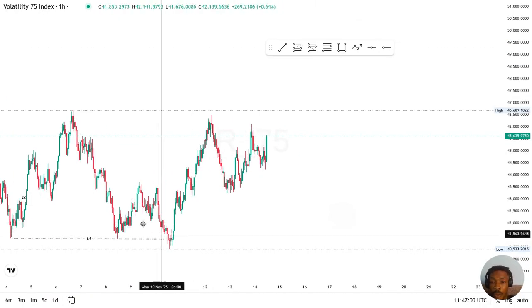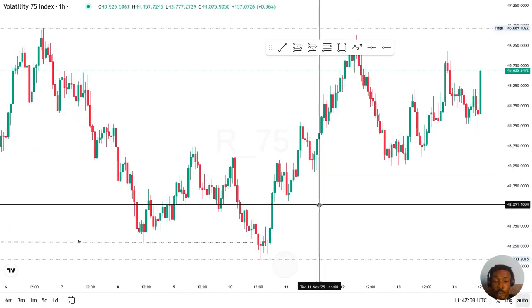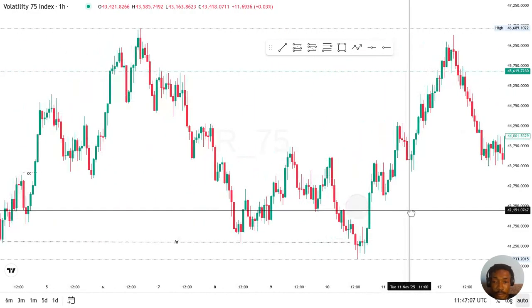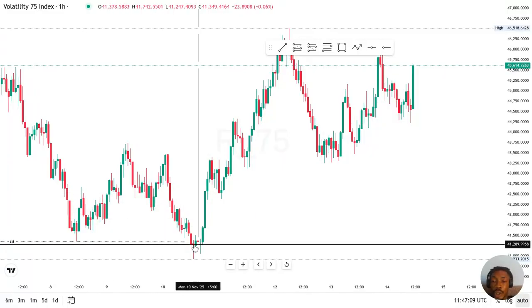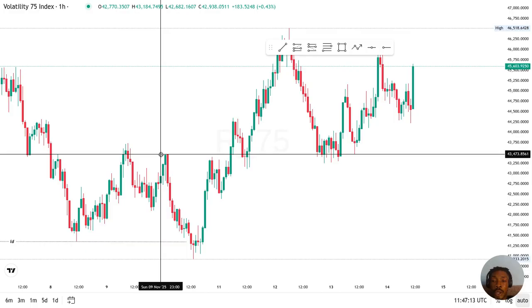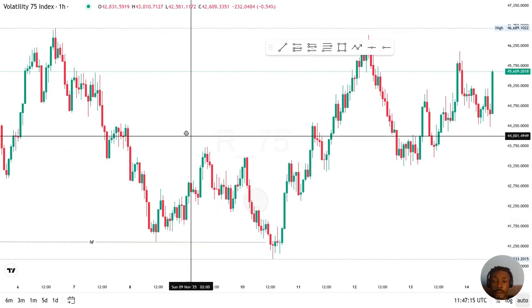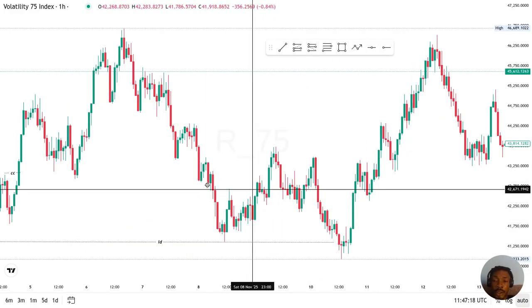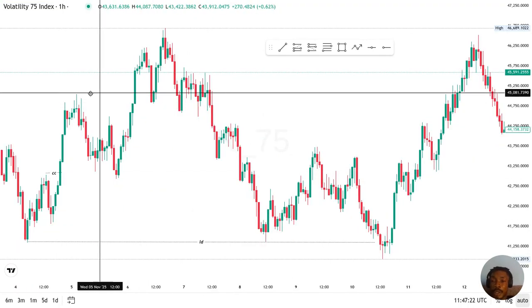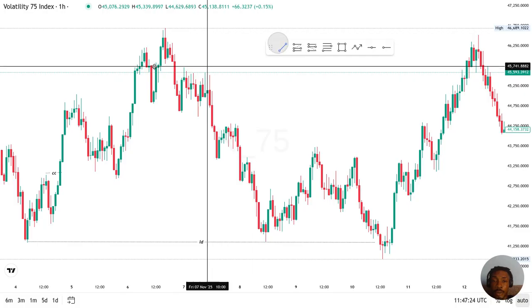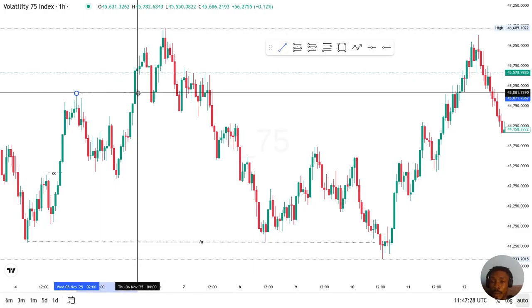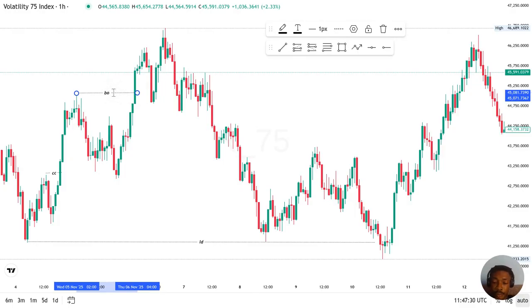Alright, so now we go back to what we were saying at the beginning of this video. Price took out this liquidity here, then broke this high here. If we check perfectly, this is a change of character, and this is a break of structure here. Let me illustrate it to you. This is the break of structure.